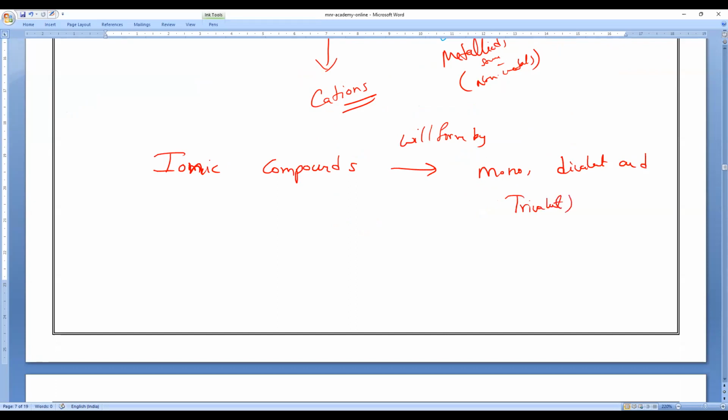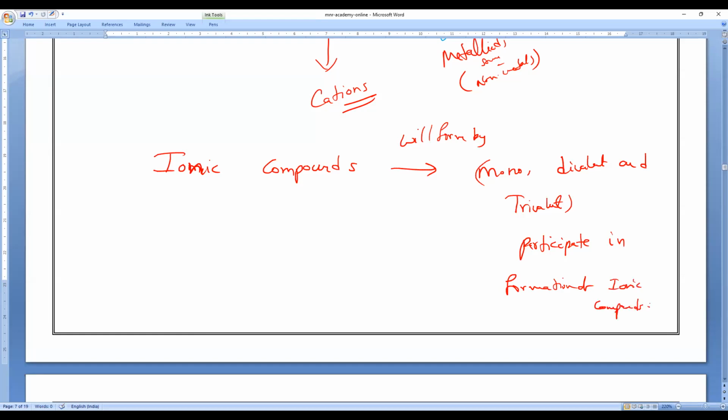So monovalent, divalent, and trivalent ions participate in the formation of what compounds? Ionic compounds.